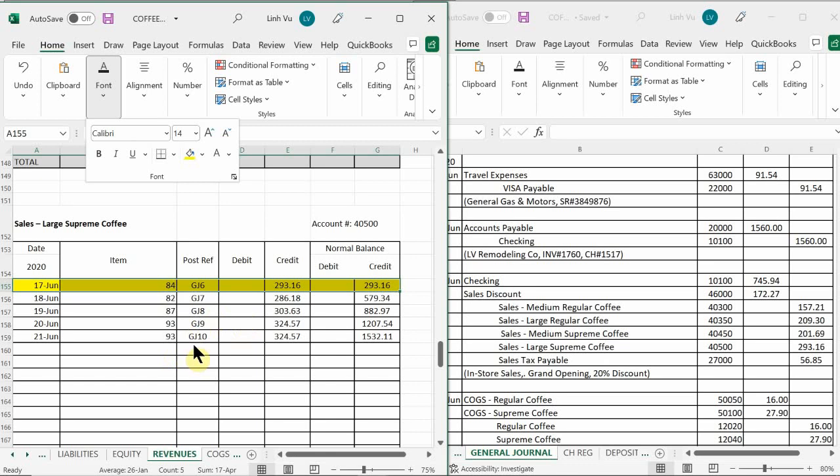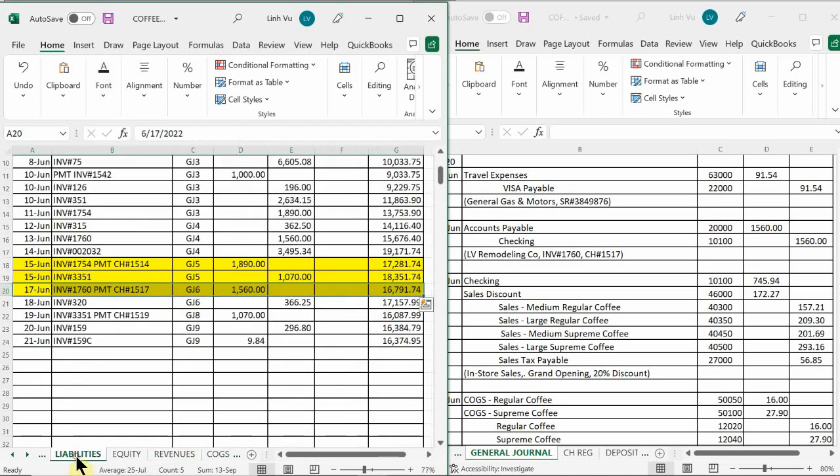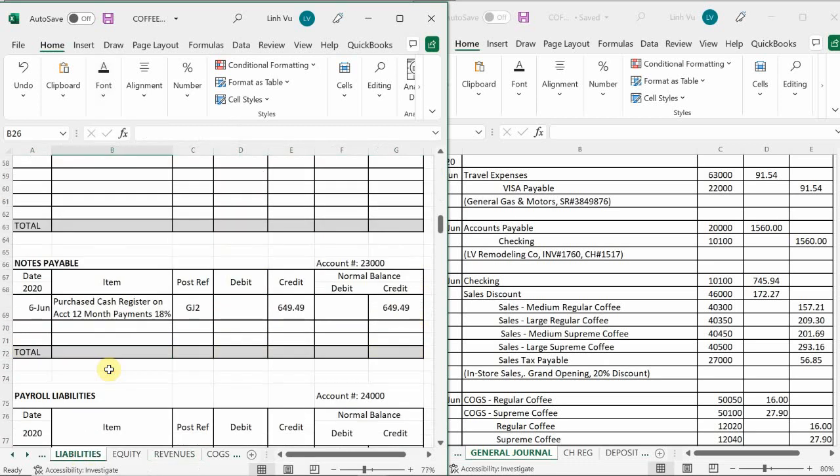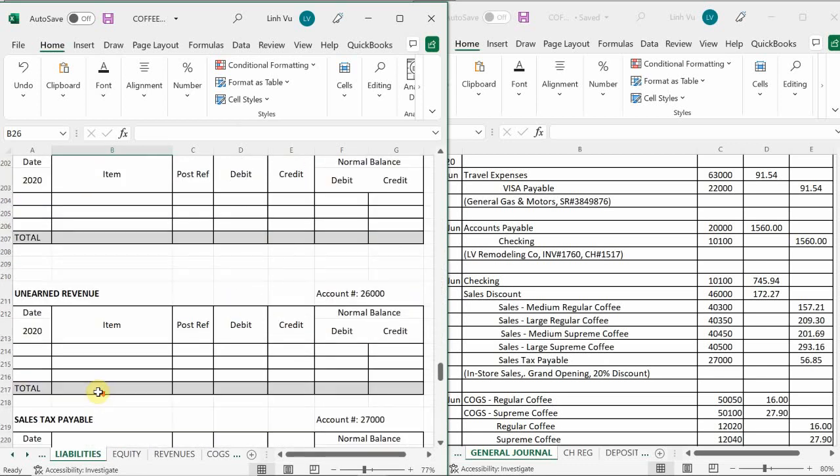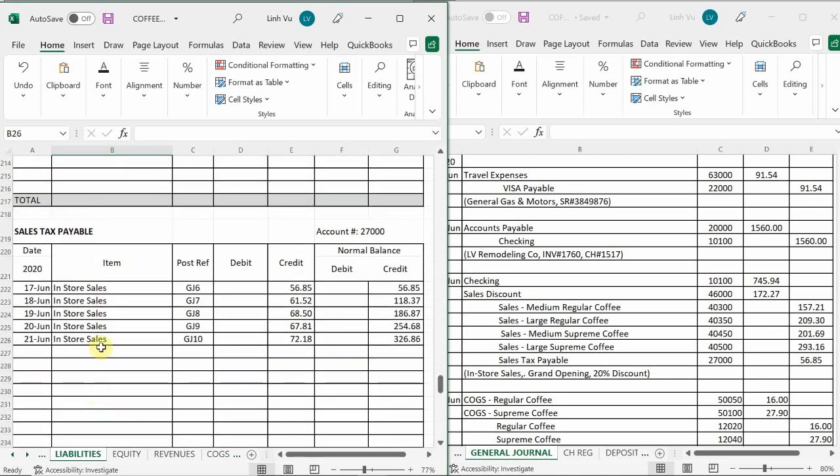Okay. And then let's see. We had sales tax. No sales of ceramic coffee mugs, so we went straight to sales tax for the $58.56. Okay.